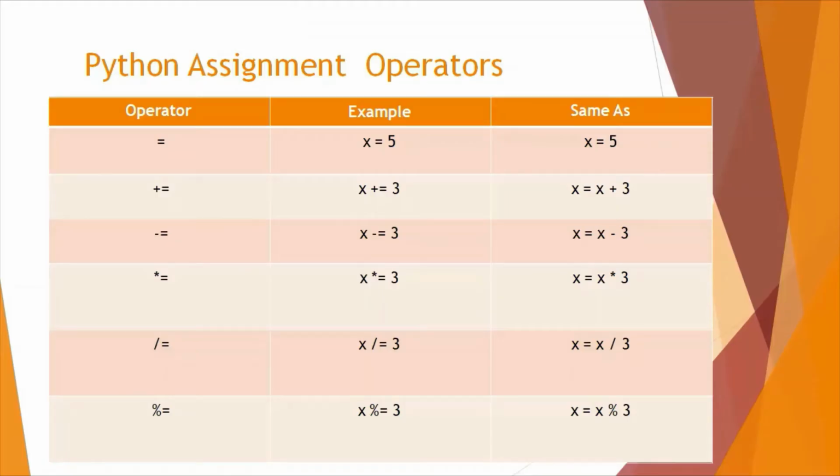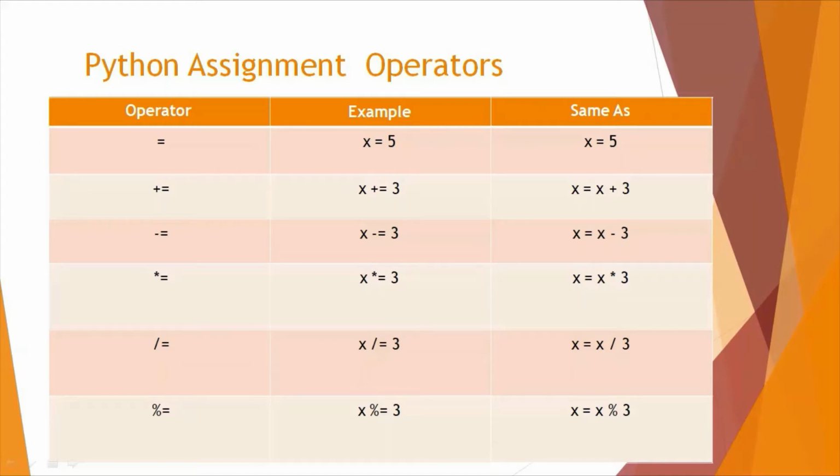On number 3, we have Python assignment operators. Here we have the equals operator, which will assign the value 5 to x, so x equals 5. Then we have plus equals: x plus equals 3 is equivalent to x equals x plus 3, so it adds 3 to x.